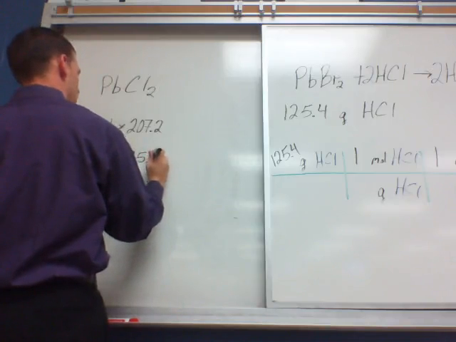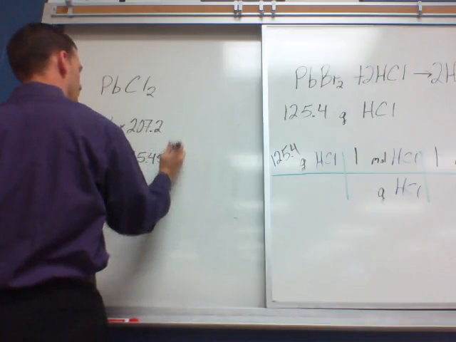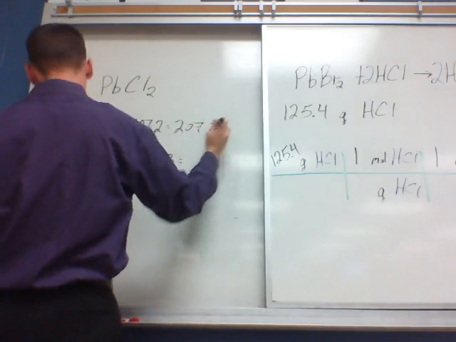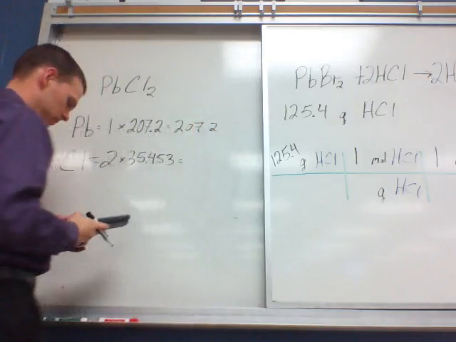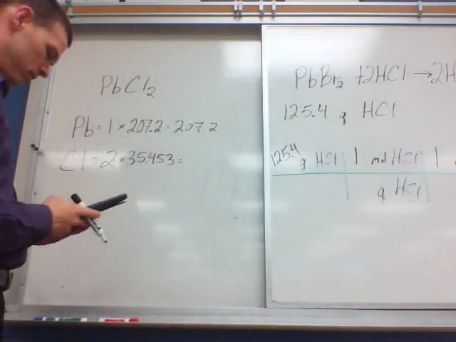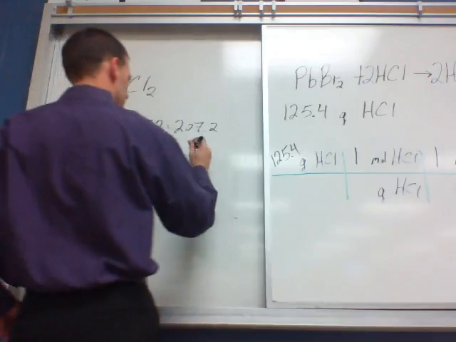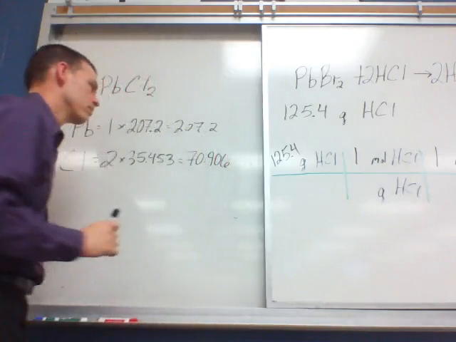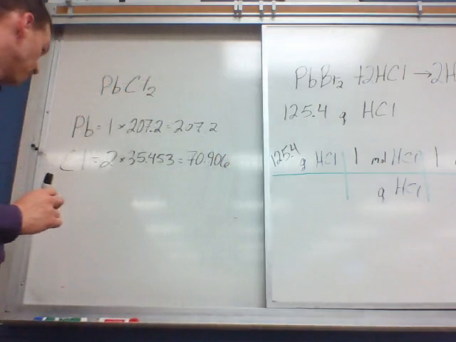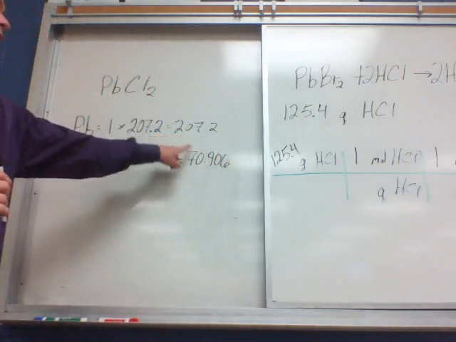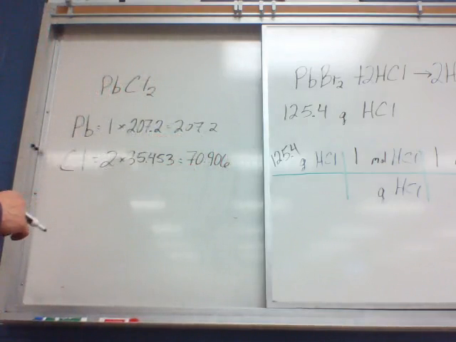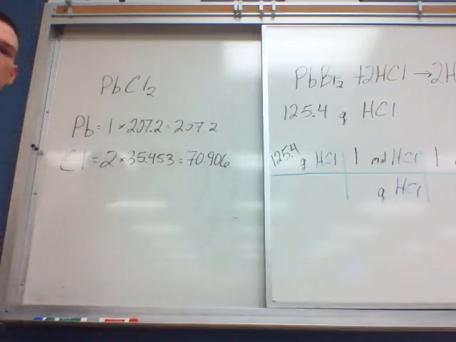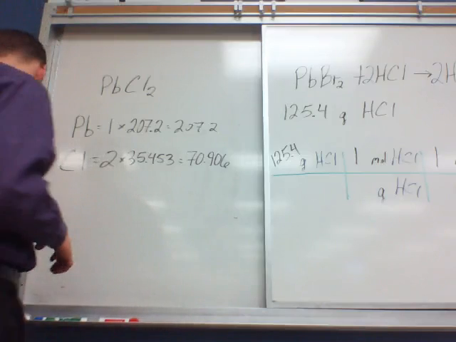Chlorine, 35.453. We've got our individual totals, add them up, we'll get the total mass of PbCl2.